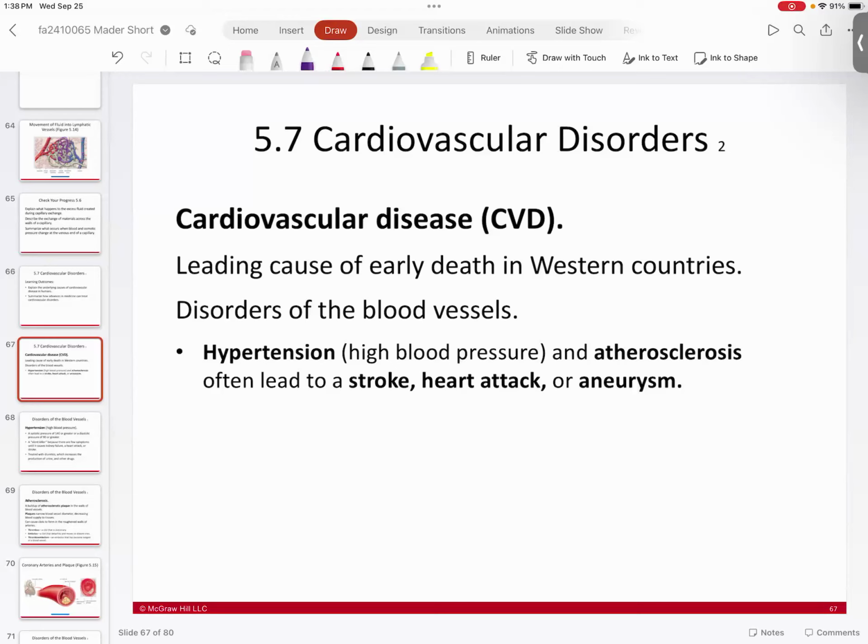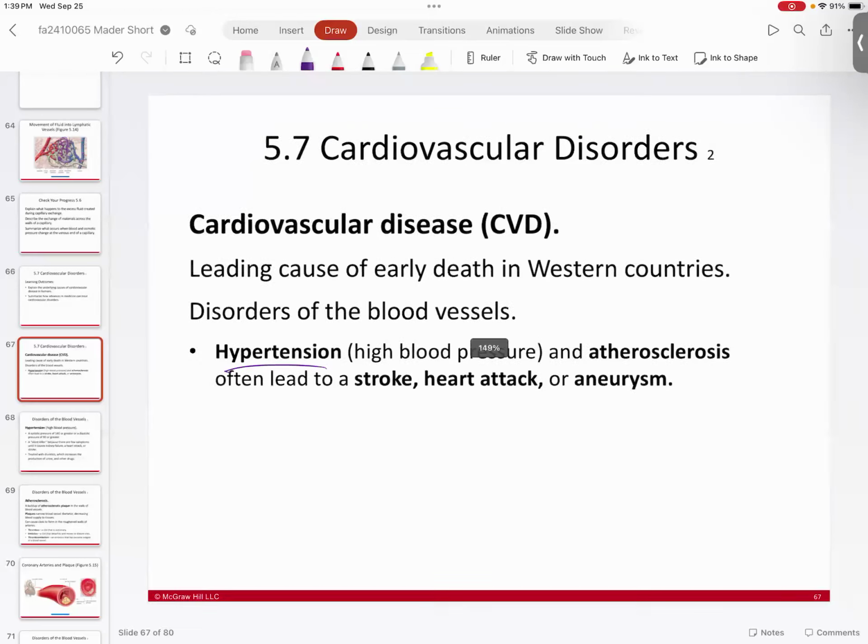So you can break this into several different types of disorders: disorders of the heart or disorders of the vessels. Of the disorders of the vessels, the most common one we get is hypertension, which is basically high blood pressure. Normally, this is also coupled with, a cause of, or from atherosclerosis, which is hardening and blockage of the arteries.